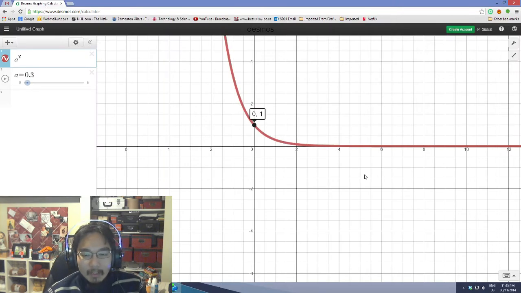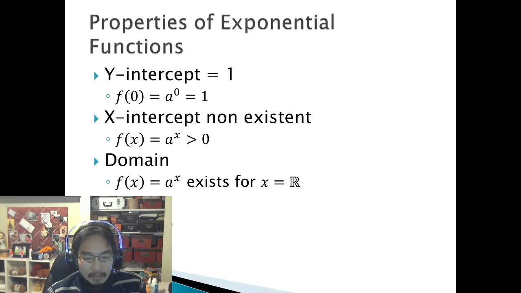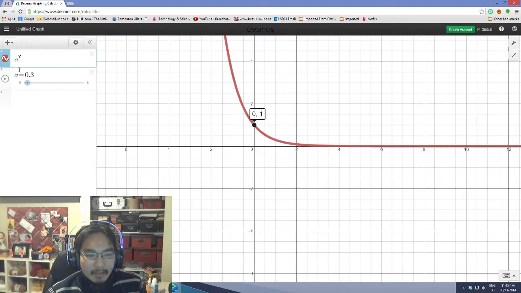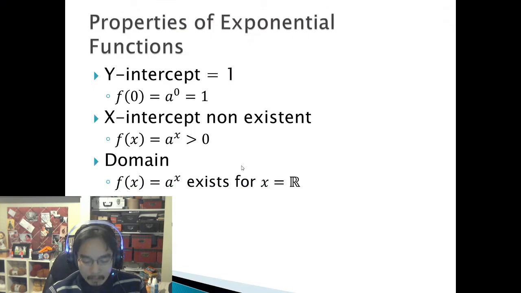It never crosses the x-axis, never goes below 0. Again, that's partly because of our condition that c, or I should have written c, is always greater than 0. So f of x always has to be greater than 0.